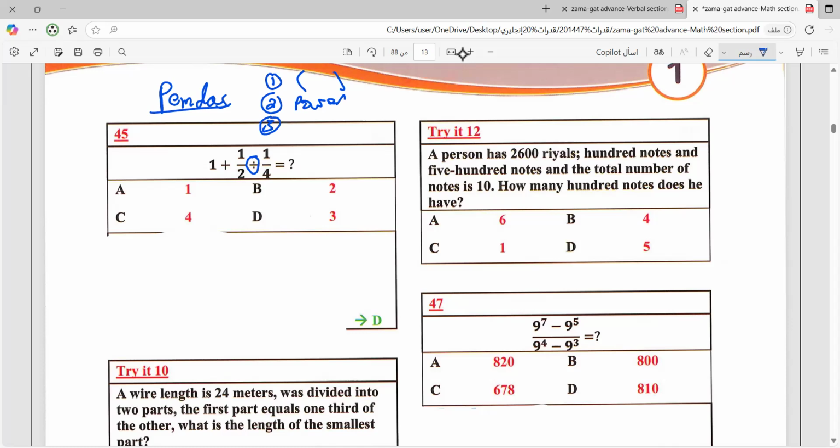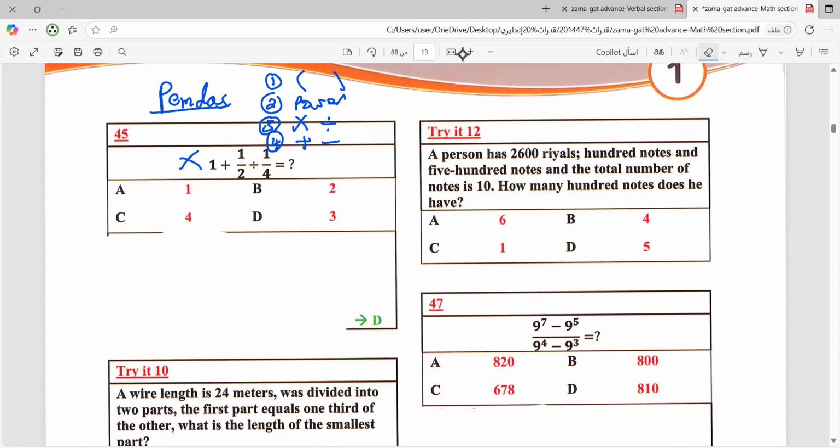Then the third step is multiplication and division. The last one is add and subtract. So you said 1 plus half. Oh, that's division. I thought it was half plus 1/4. So you start with division first. Okay, try now to find the answer.